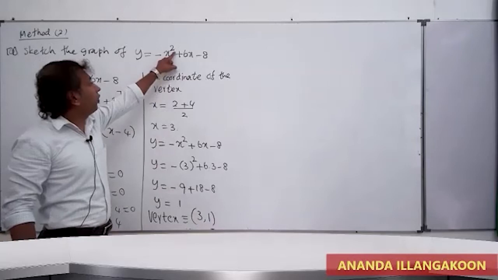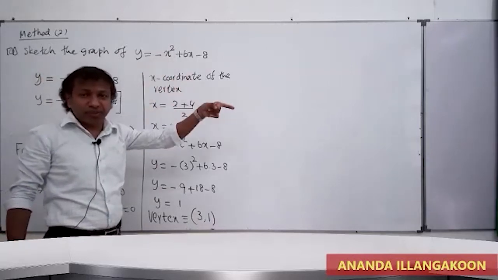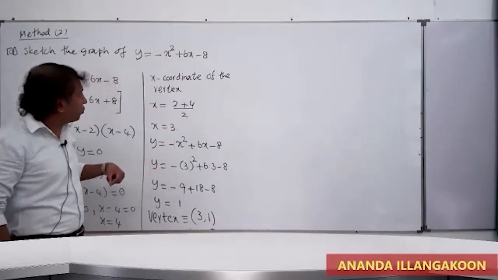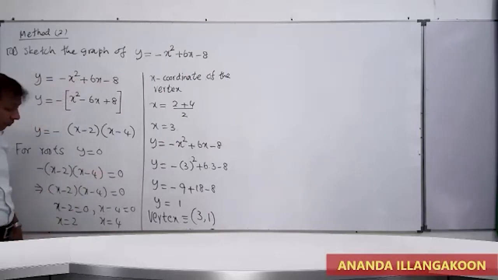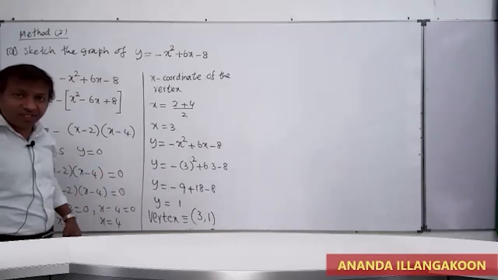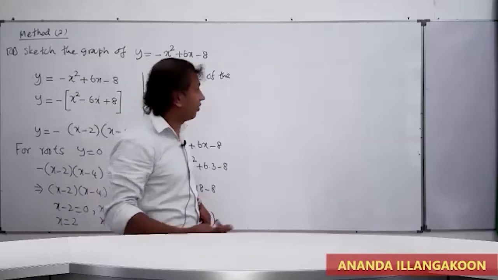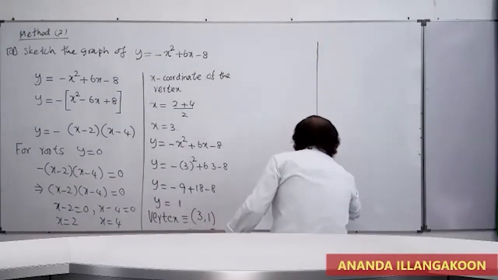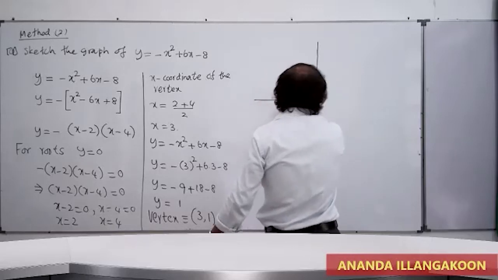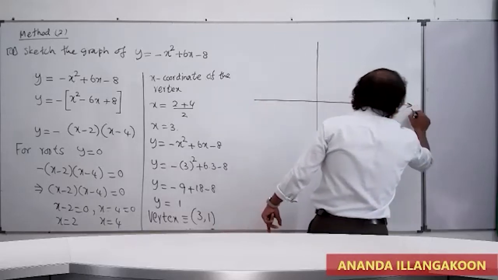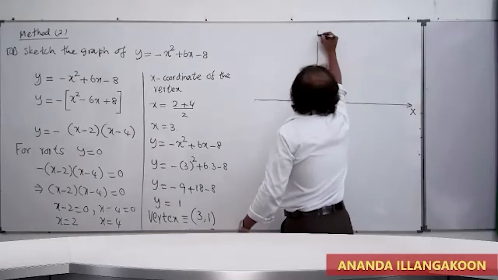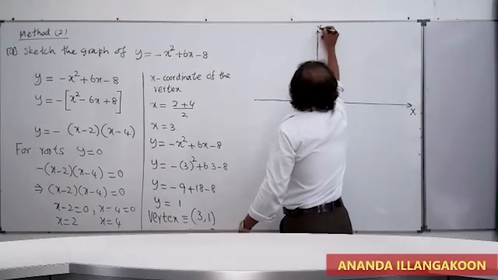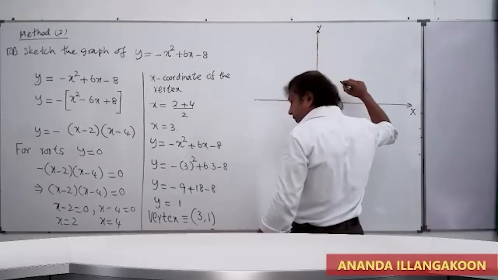Since the x squared coefficient is negative, the graph is a maximum graph. The two roots we found, 2 and 4. The vertex is at 3, 1. People, now you can draw a rough sketch of the graph. Right? The two roots are 2 and 4.